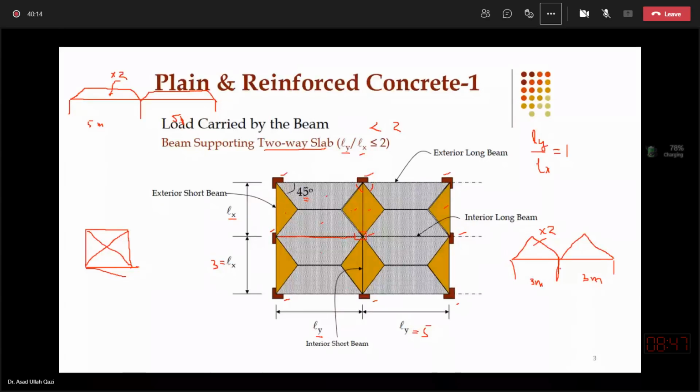And if end conditions are simply supported, again the mid-span will be having maximum sagging moment. So the mid-span moment ordinate is important here. Now it is not WL squared by 8. So you need to write the equation, and then with a little more effort, you will get the mid-span moment.